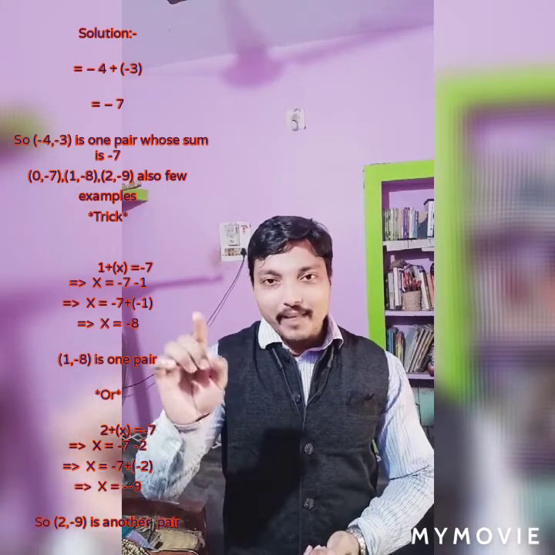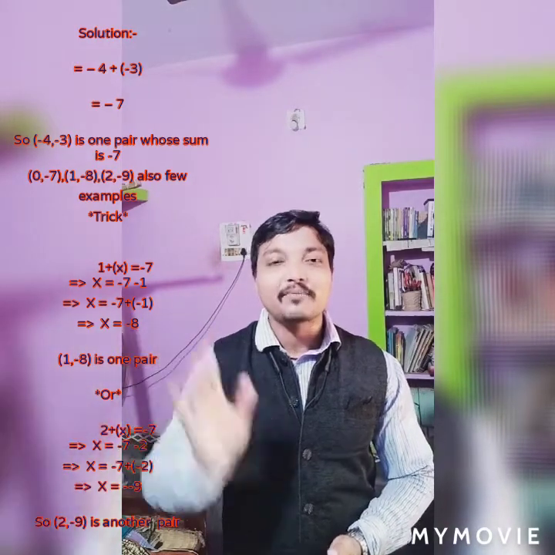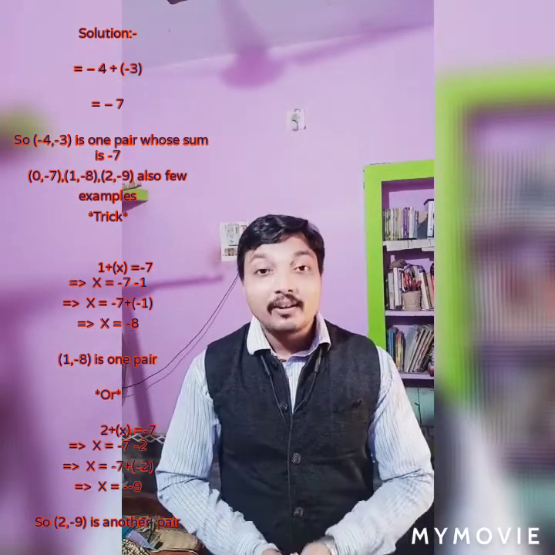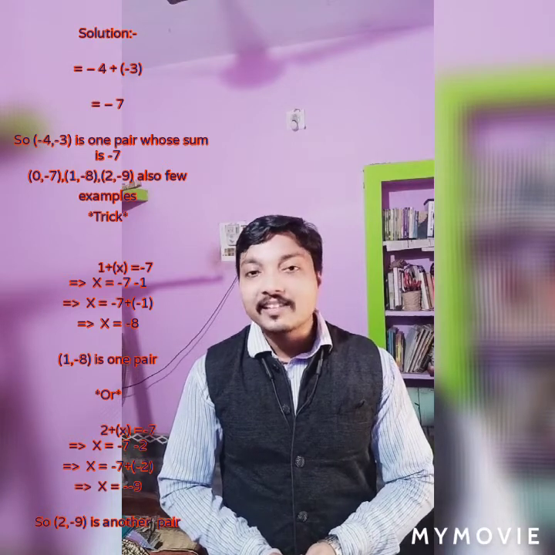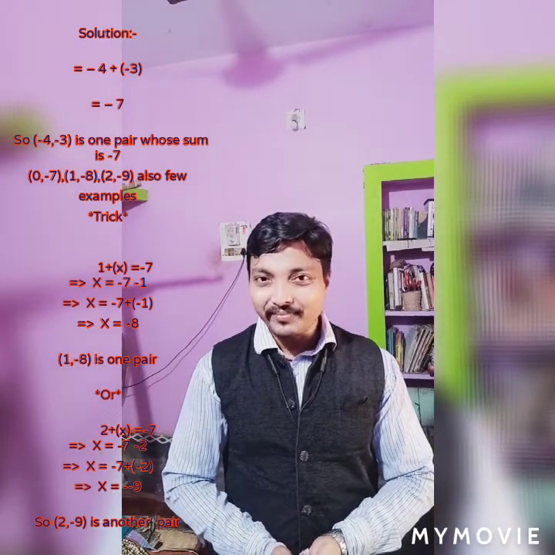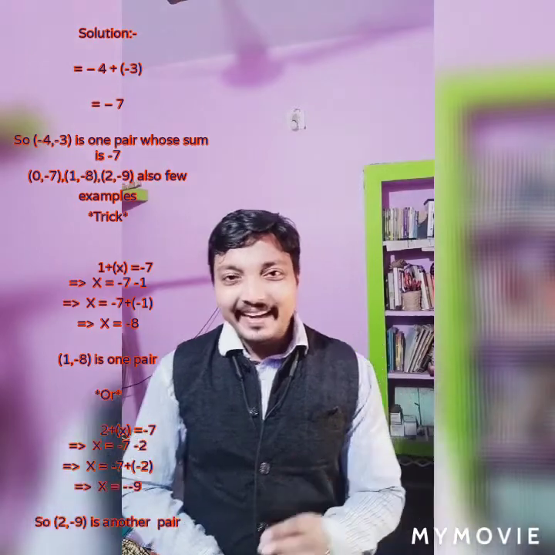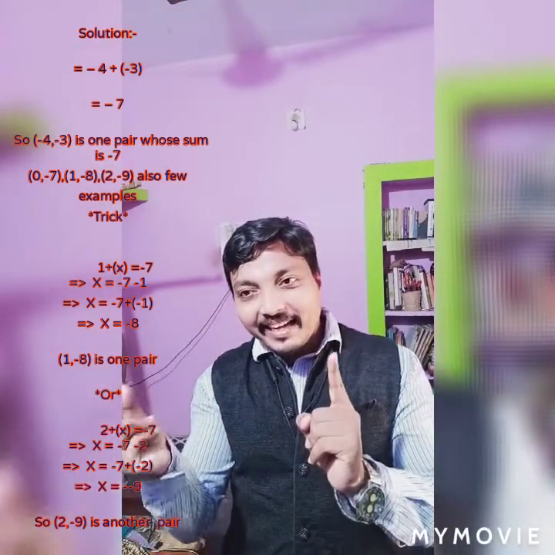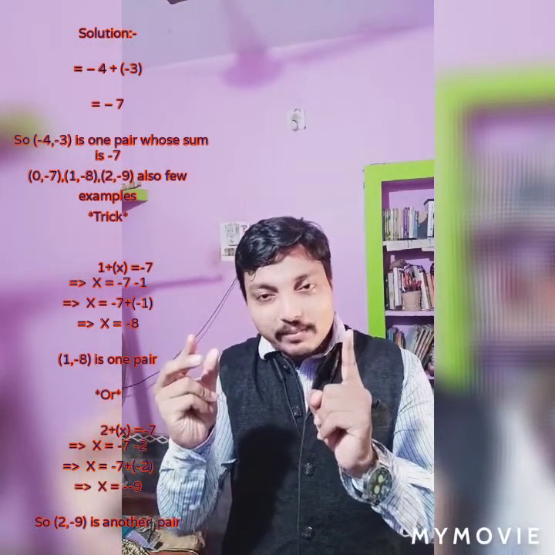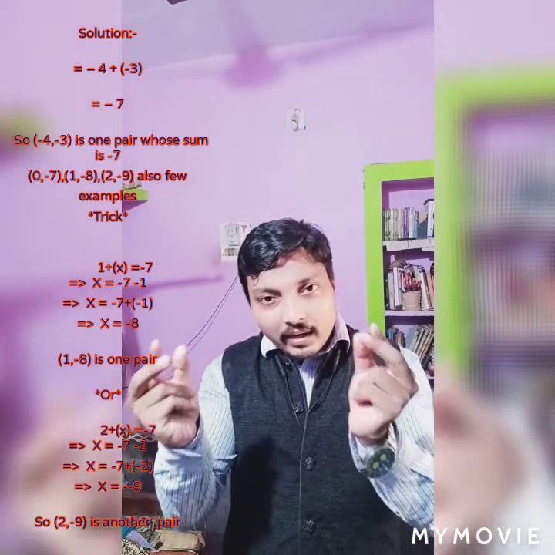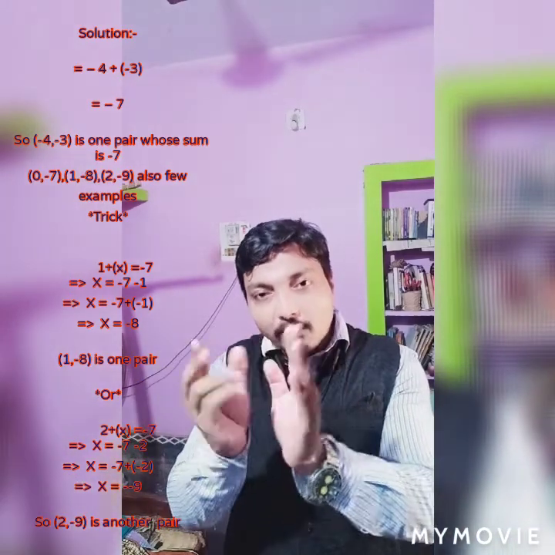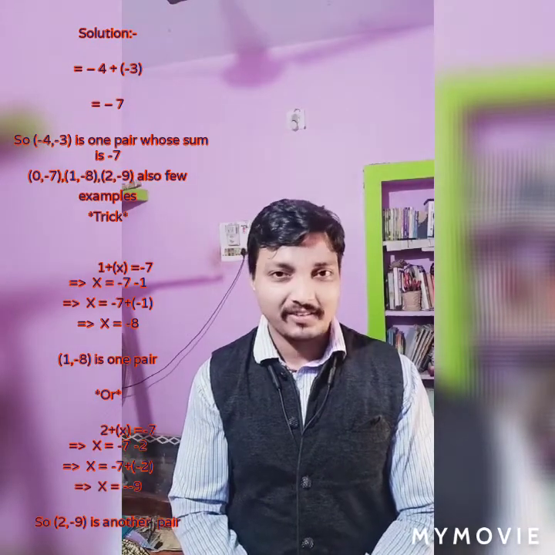So -7 plus -1 is equal to -8. So for the integer 1, the other integer I got is -8, by which, whenever we add the two, the sum of the two integers will be -7.